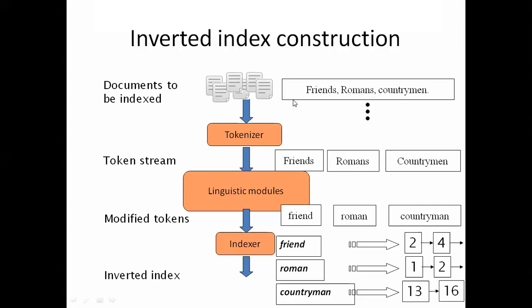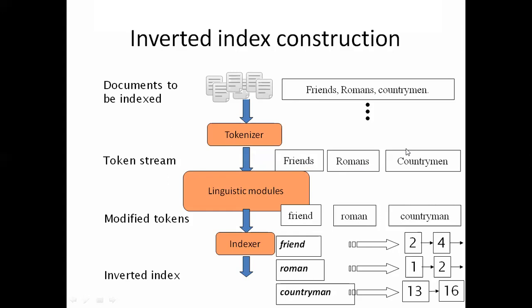The first step is, first of all, we use a tokenizer. After the tokenizer, here you check, we separate three terms: friends, Romans and countrymen.